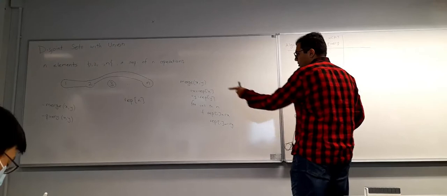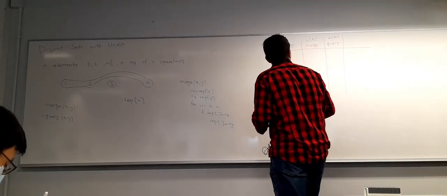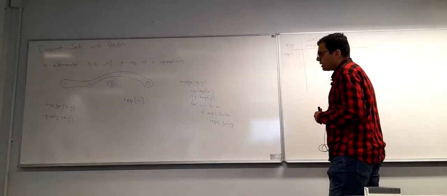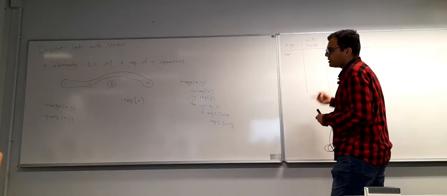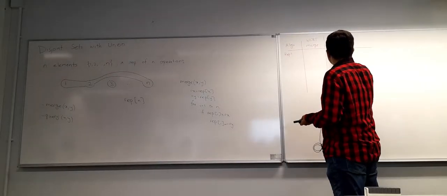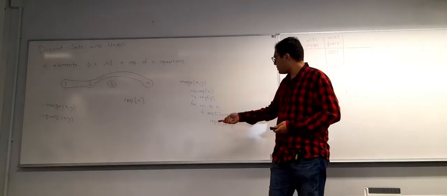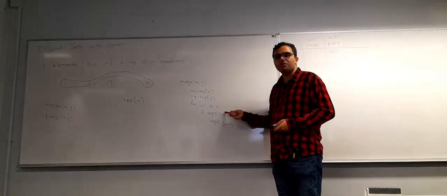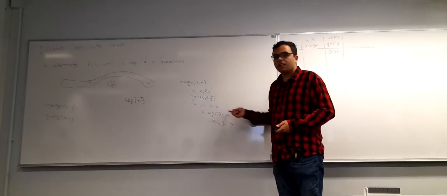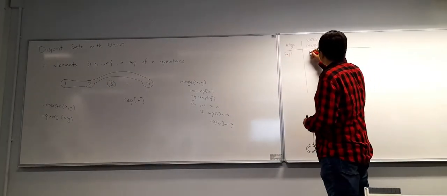My first algorithm was to just keep representatives. So what is my query runtime? We said that we just look into the representatives to see if they're the same, so this is O(1). But what is my merge runtime? Well, I have this kind of stupid for loop that goes over all of my elements. So this makes it so that my merge takes order n.